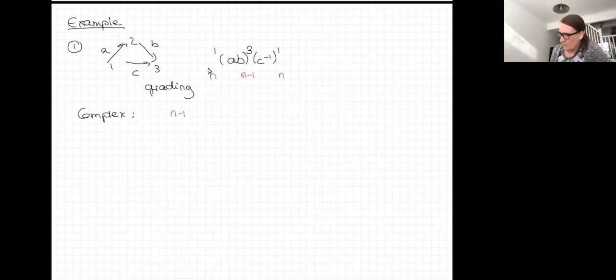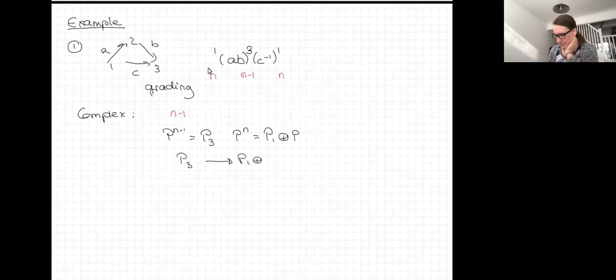So in degree n-1, so this is P_{n-1}, we have everybody who sits in degree n-1, which is simply the projective at the vertex 3. So this is P3. And in P_n, we have everybody who sits in degree n, and there are 2 copies of P1. And the differential here is simply given by the map that goes from P3 to P1 plus P1.